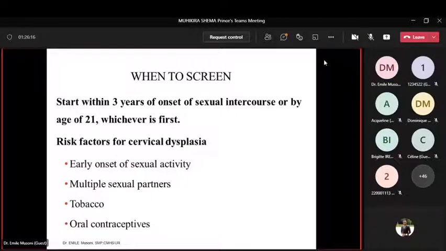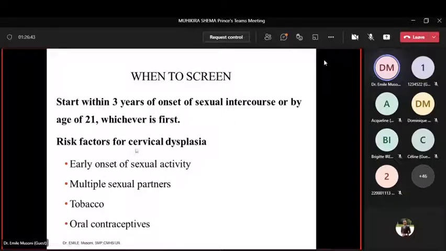So the minimum age is 21, but there are some exceptions, even at 16. There are some people at the age of 16 who have several partners. For these you can even do the screening, but in the book, we say 21.